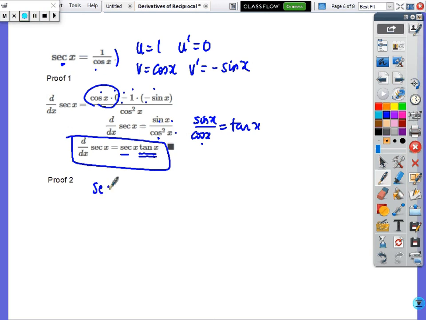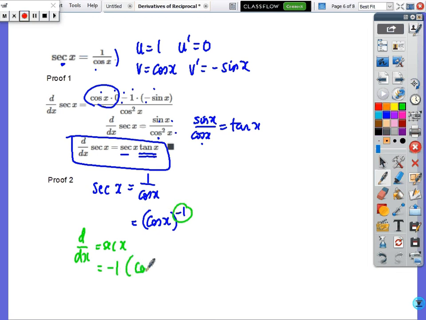So sec x is 1 over cos x, which is cos x to the minus 1. Okay, so the derivative of sec x is using the chain rule, so multiply by the power, don't change the bracket, subtract 1 from the power, and then multiply by the derivative of the bracket, which is minus sine x.